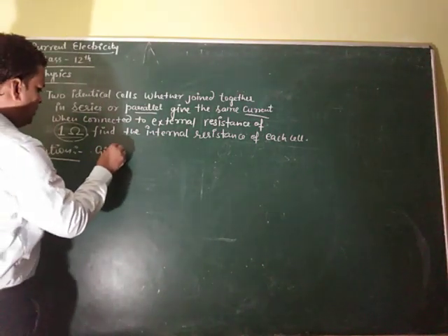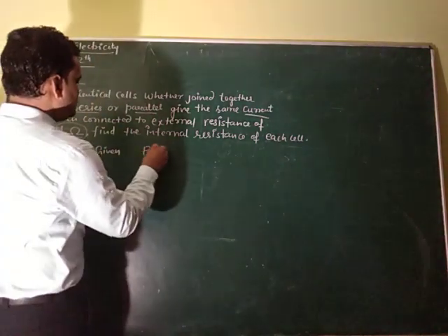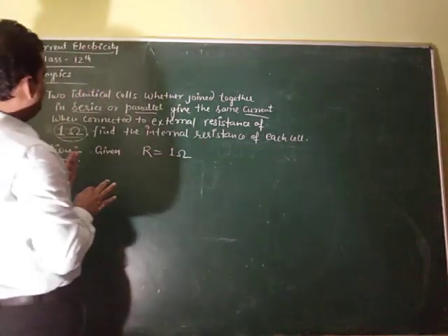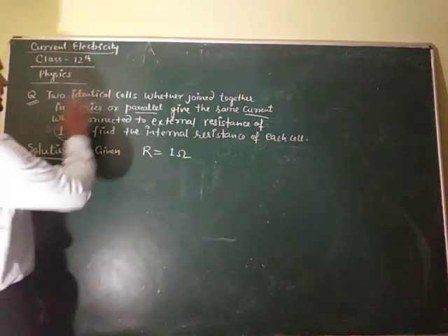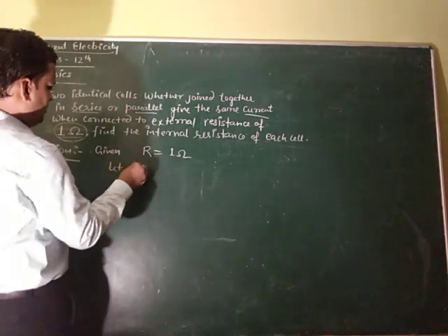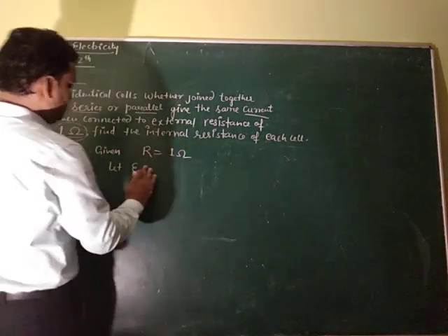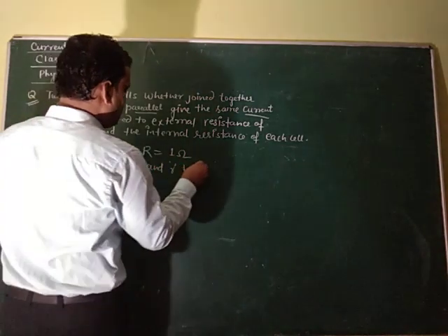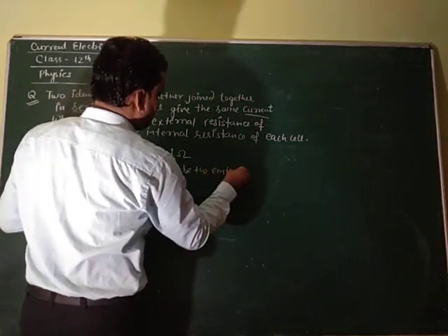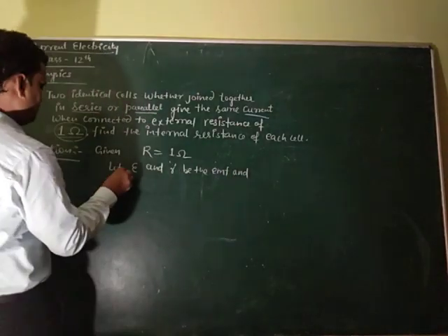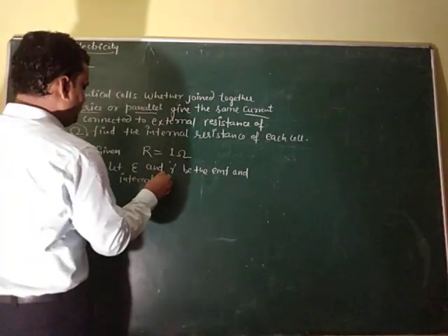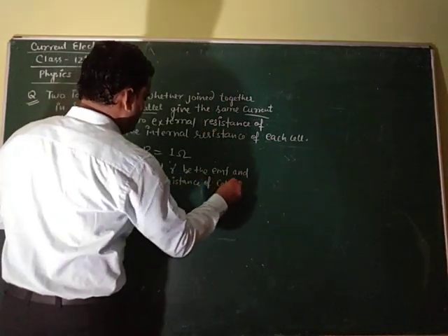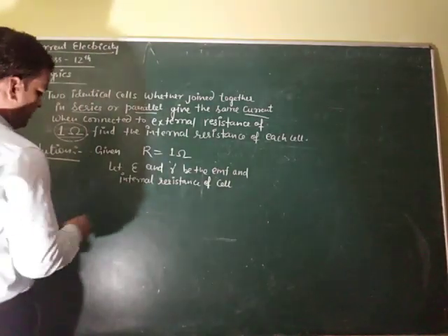Okay, so what is given? First we have to note down, given R is equal to 1 ohm. Okay, no more hint is given. An identical cell. So let E and r be the EMF and internal resistance of each cell.